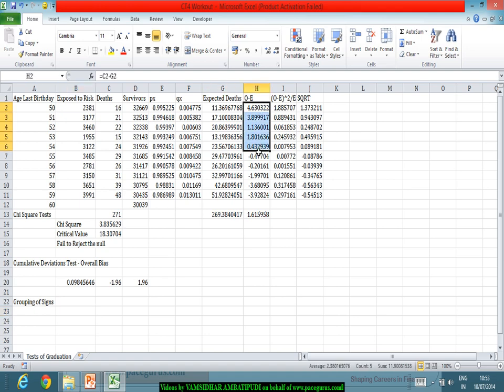One change from positive to negative. Overall, these five are positive, five are negative, but there is only one change from positive to negative. So if I talk about the number of deviations n, it is 10. Number of positive deviations n1 is 5. Number of negative deviations n2 is 5.